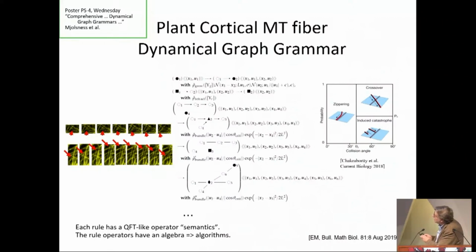And these are all naturally represented by these graph rewrite rules, where you have a pre-event graph and a post-event graph, and various parameters like positions and orientations, and a probability per unit time function that tells you what the chances of this happening are, and if it happens, what the post-event parameters are.